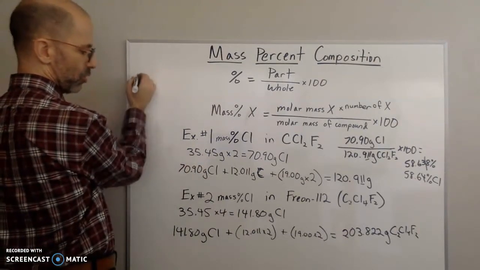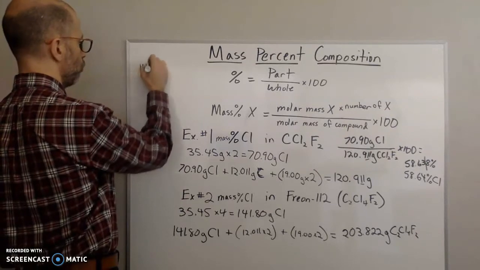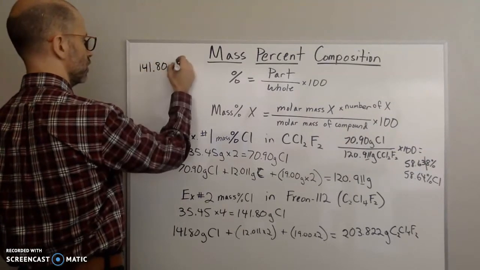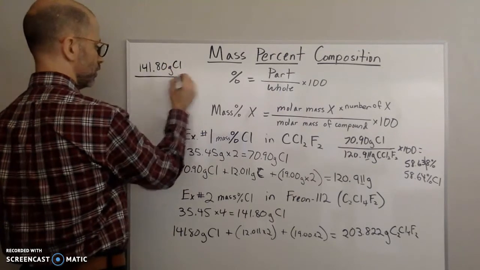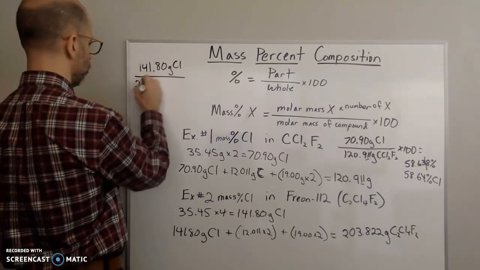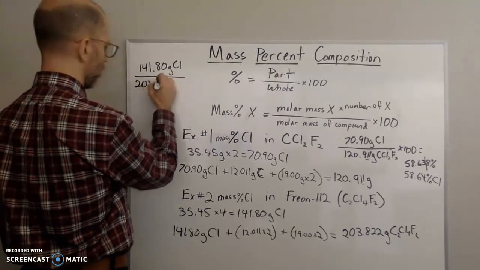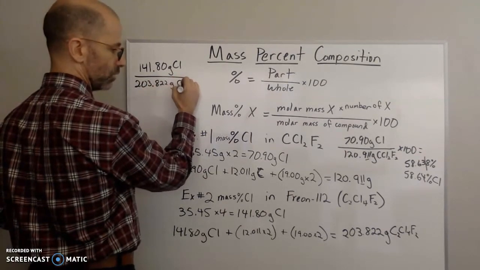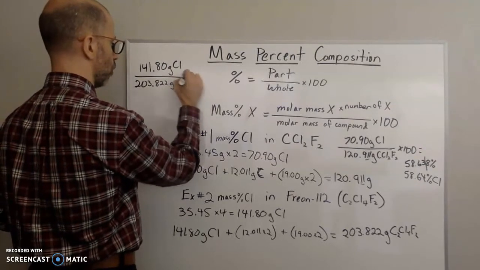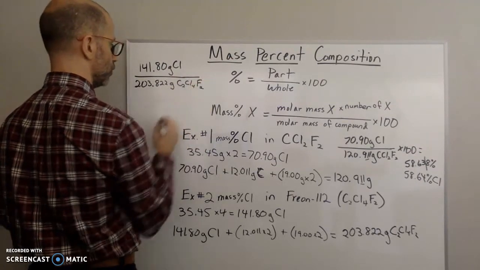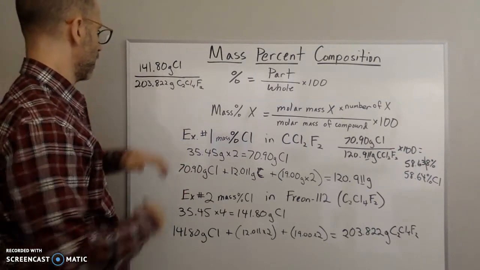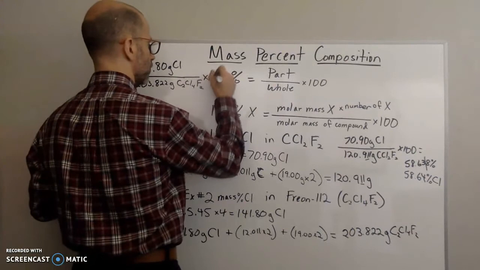So the part is going to be 141.80 grams of the chlorine divided by 203.822 grams of the whole substance, C2Cl4F2. And then I multiply by 100.